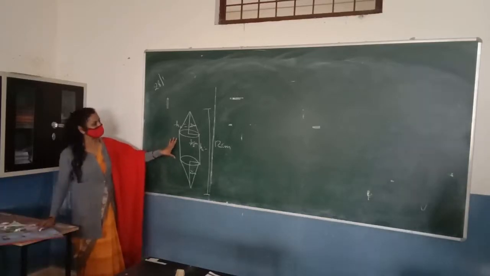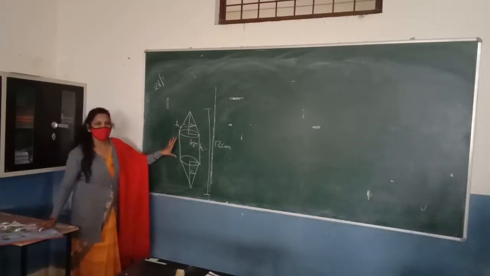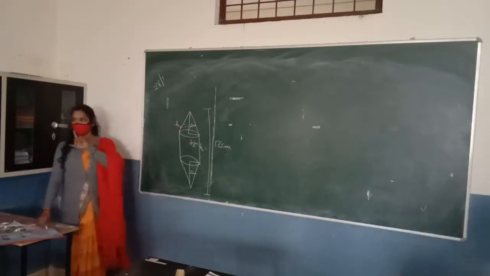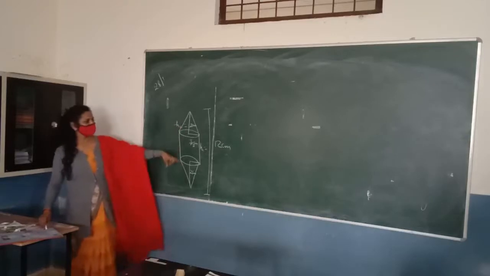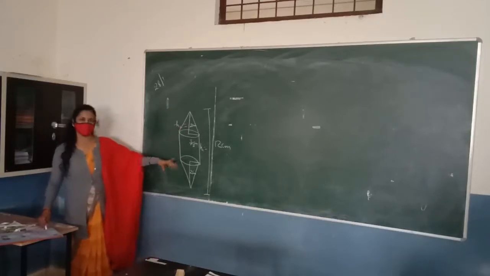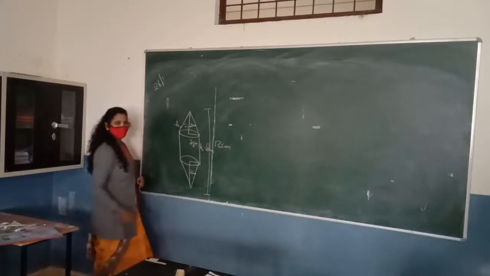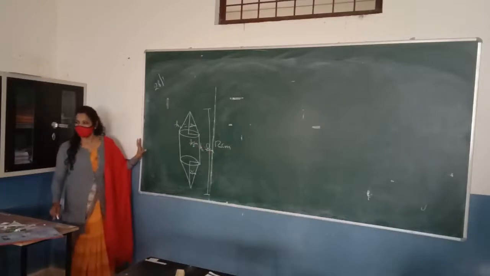It's really easy, just see the figure: 12 minus the height of the cones. So we will subtract the height of the two cones from the total height of the figure. That is 12 minus 2 plus 2. It will be 8. So 8 centimeters is the height of the cylindrical portion and 2 and 2 centimeters are the height of the conical portions.